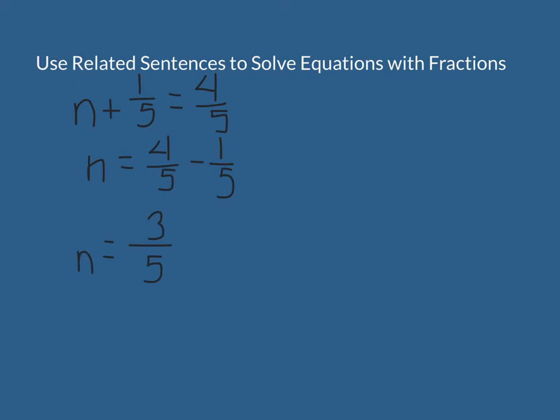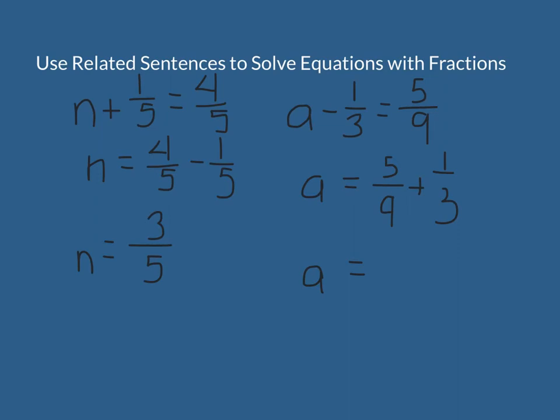Another example would be if we have a minus 1/3 equals 5/9. So if we use the related addition sentence, we would say a equals 5/9 plus 1/3. So a equals, we would have to come up with a common denominator here.